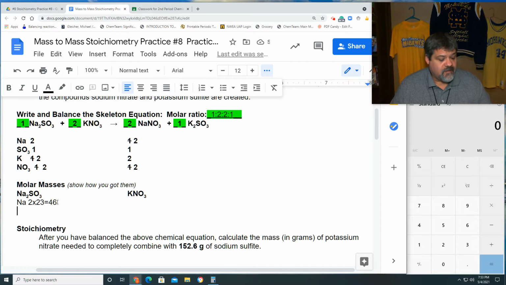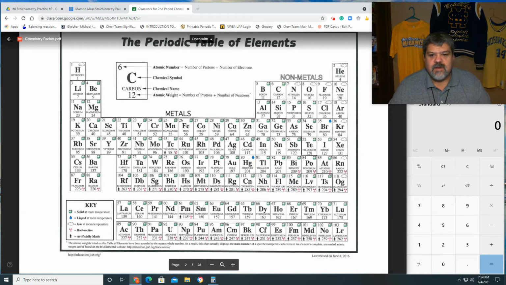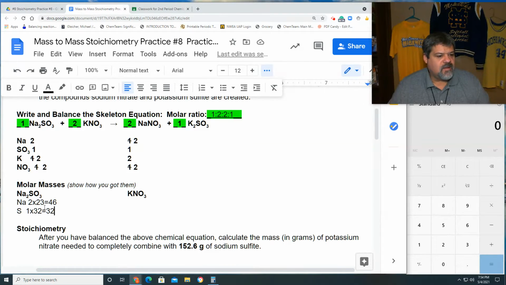I also have sulfur, which I have 1 times 32 equals 32. But let's double check and make sure that sulfur is 32. Here's sulfur. It is 32. There we go. And then I have oxygen. Okay. I have oxygen. But I have it 3 times. 3 times 16 equals 48.